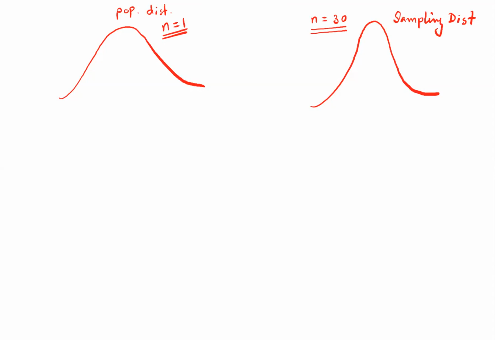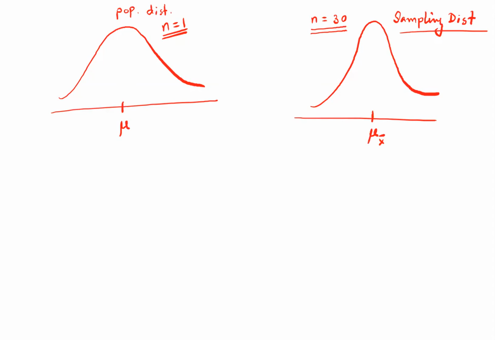Now, the mean of this population will be right here in the middle. We call it mu. The mean of the sampling distribution is going to be right here, which we do not call mu, but we call it mu sub x bar, with a little subscript at the lower right side of mu, okay? Mu sub x bar.